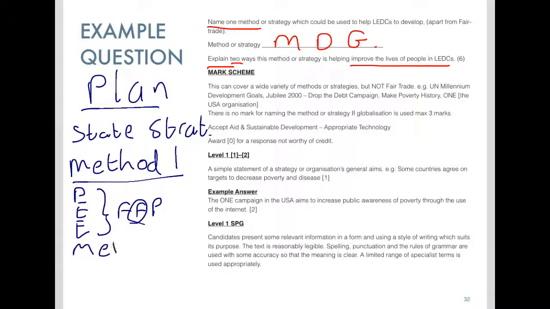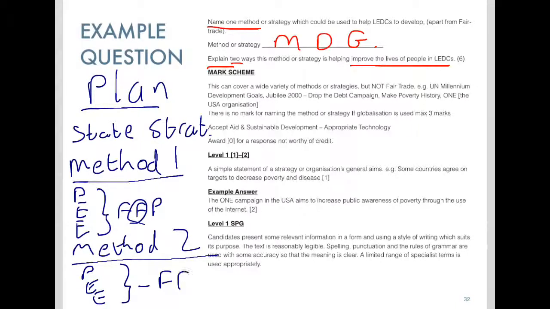You will then follow this up with method 2 and the same structure: point, explain, expand with fact, figure, place, and again it's going to be figure for this example.